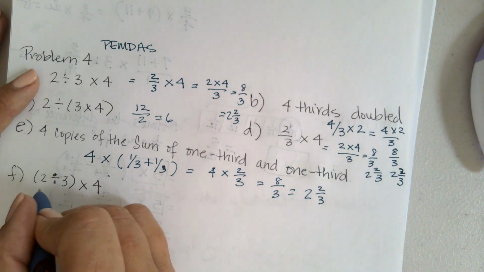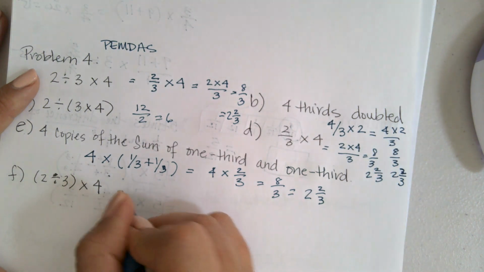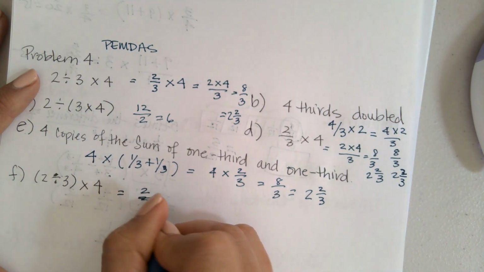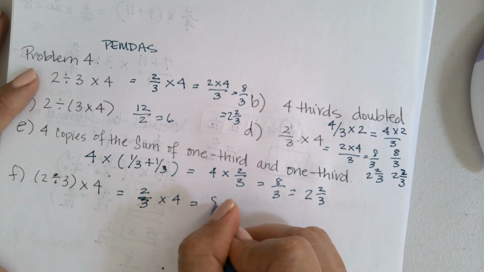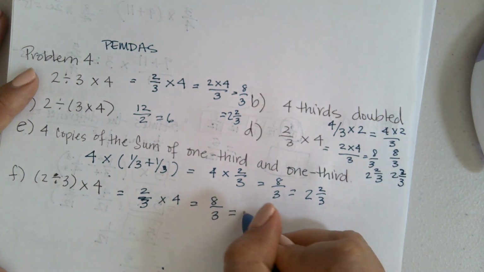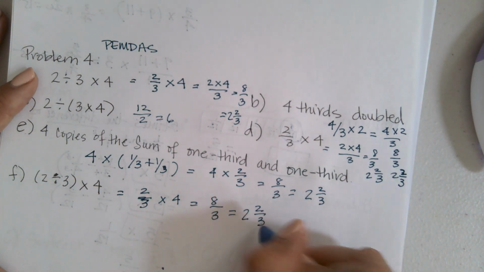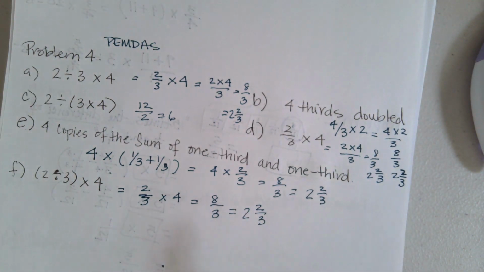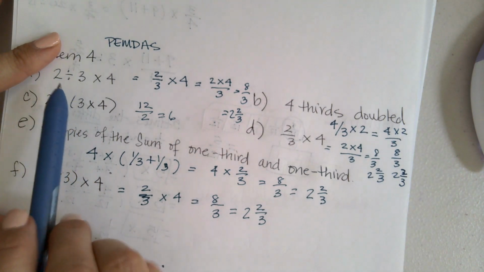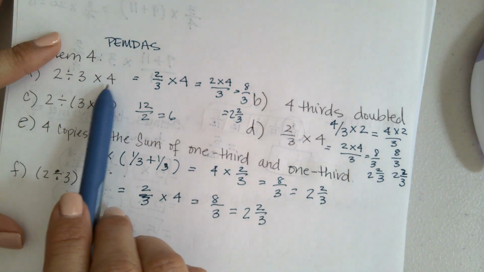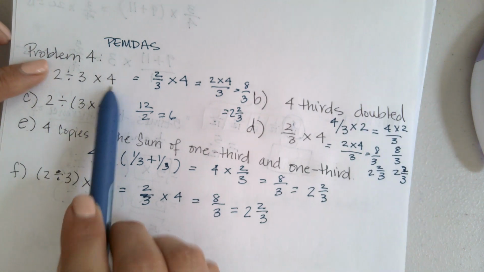All right, on F, 2 divided by 3 becomes 2/3 times 4, which is 8/3, 2 2/3. So let's look back and compare these expressions. 2 divided by 3 times 4.